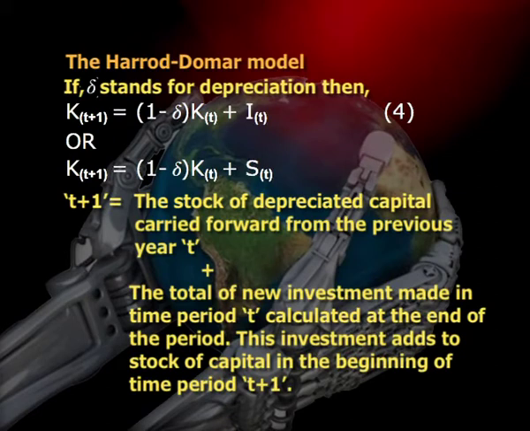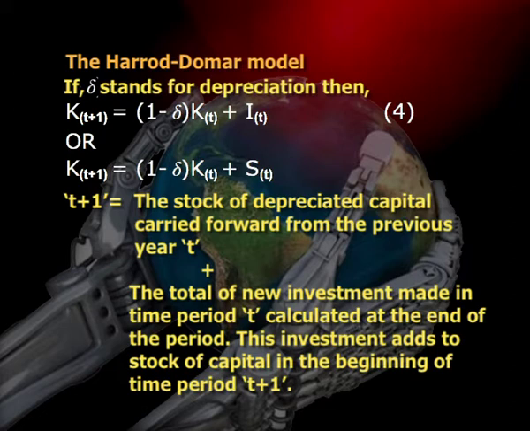If delta stands for depreciation, then K in time period T plus 1 is equal to 1 minus small delta into capital in time period T plus I T, or K in time period T plus 1 is equal to 1 minus delta K T plus I T. Let us understand this equation.